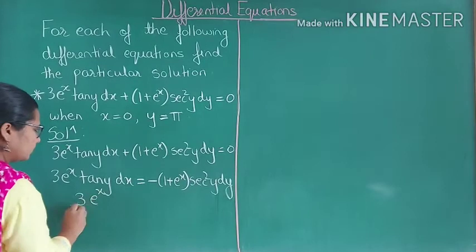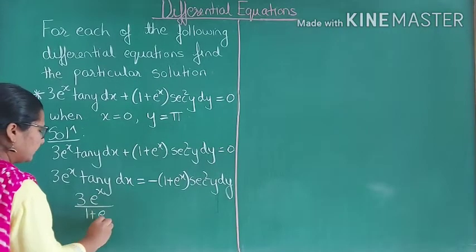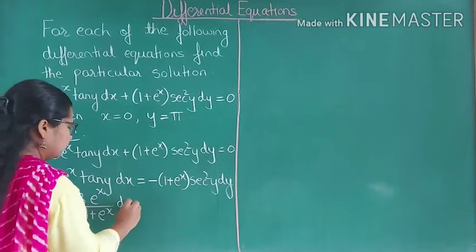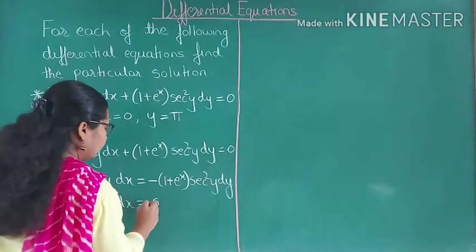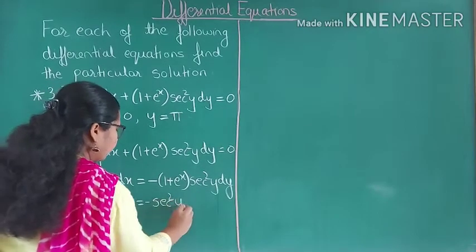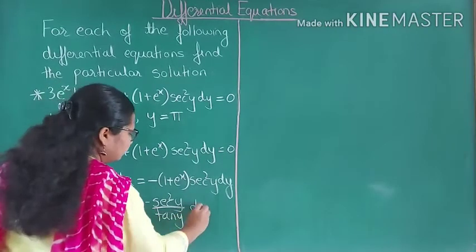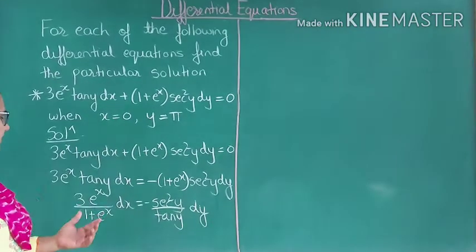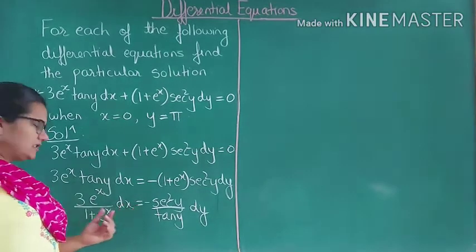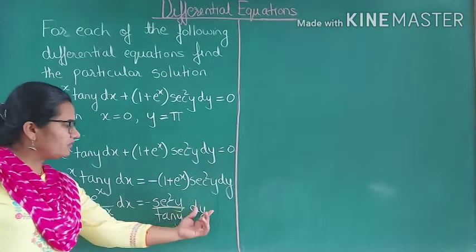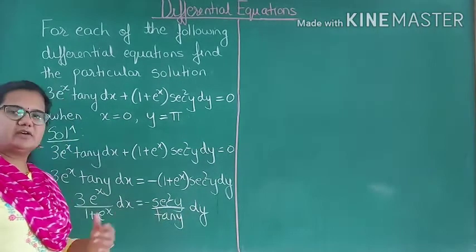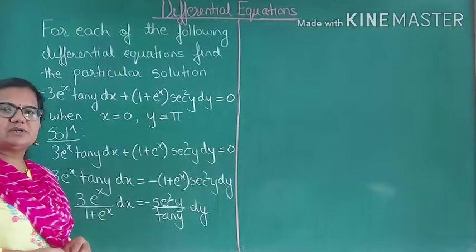3 e raised to x upon (1 plus e raised to x) dx equal to minus sec square y upon tan y dy. Yes, so you can see here you have differential dx and the terms of x are here, you have differential dy and the terms of y are here. So we are done with the variable separation form.